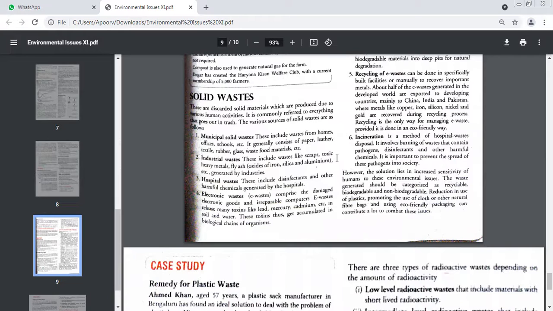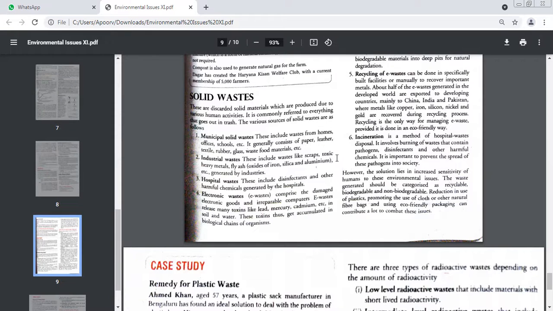Discarded solid materials which are produced due to human activities. It is commonly referred to as trash. What do we commonly call human waste as? Whatever we produce, waste. We're not talking about excreta. We're talking about disposable things, glasses, polythene. These are all trash in common language. Okay? Trash. Chalo, let's read about the kinds of solid waste.